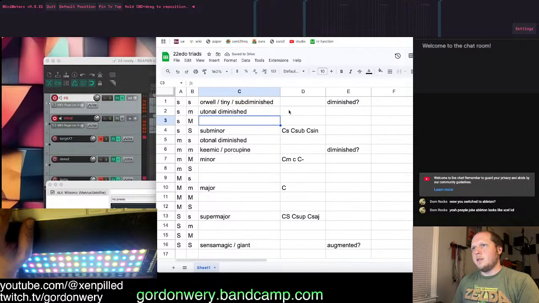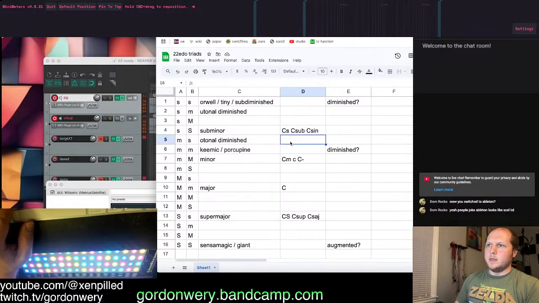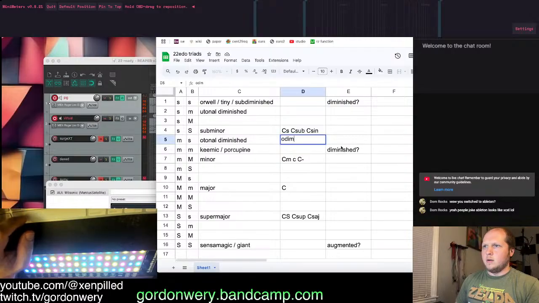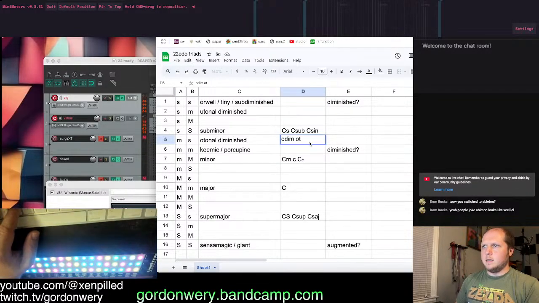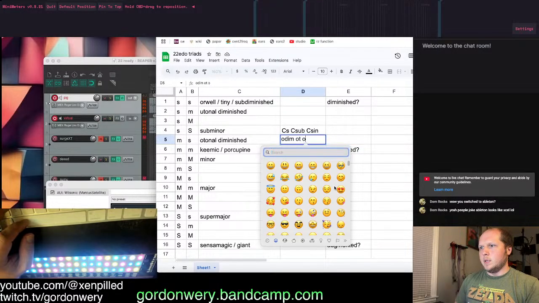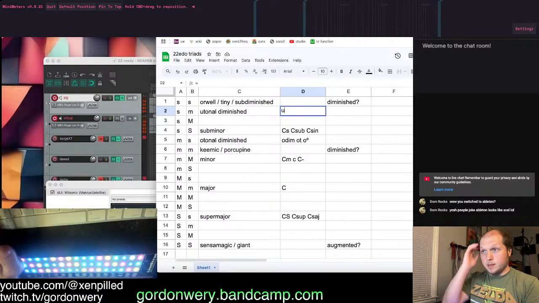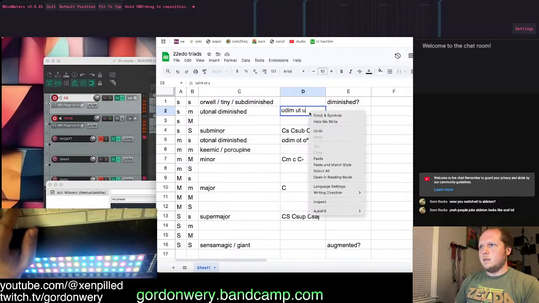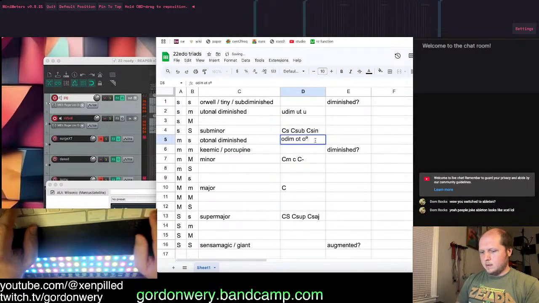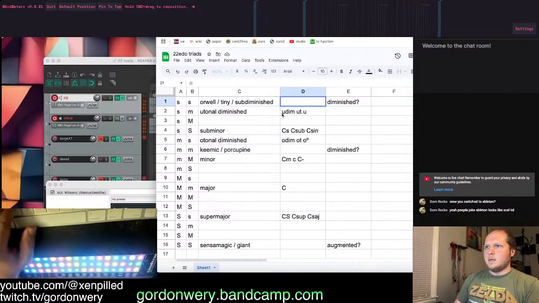So how could you write these? I'm thinking for the otonal diminished, you could do like O-dim or something like that. Or even just OT, maybe. Or O and then the little diminished symbol. Something like that. And then for this, just replace the O's with a U. Same with chemic, it could probably just be K or possibly P if you wanted to lean into the porcupine.